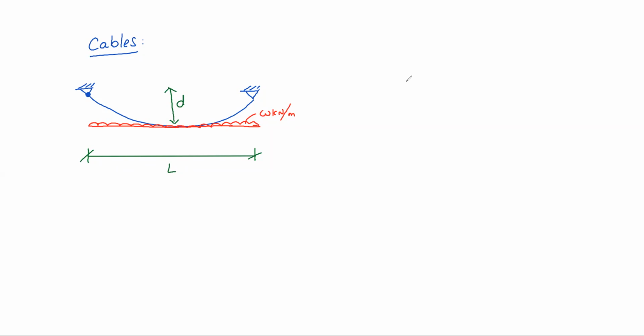So by using these cables, you can suspend a road. Okay, I will show you the picture. Otherwise, I will draw. With the help of this cable, the road can be suspended with some suspension wires like this.